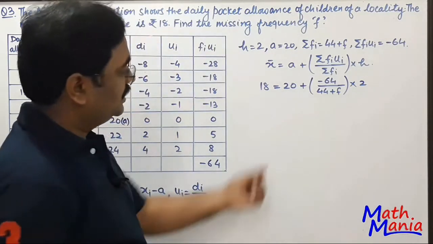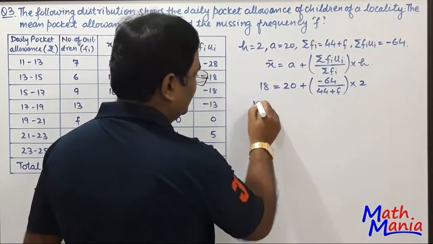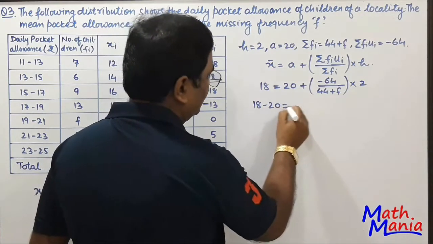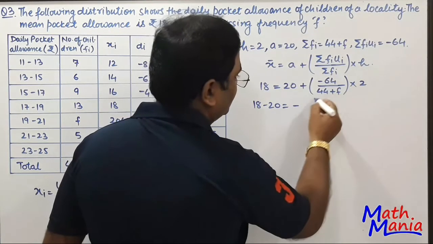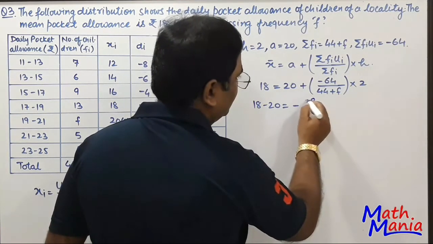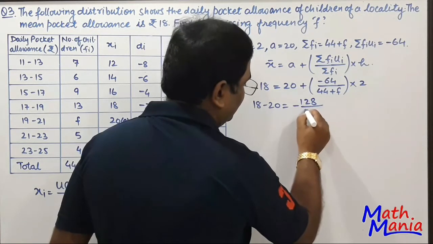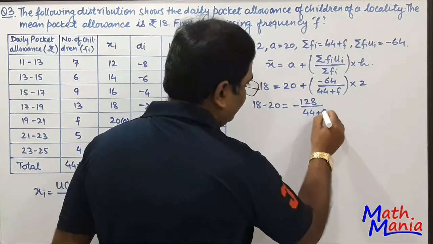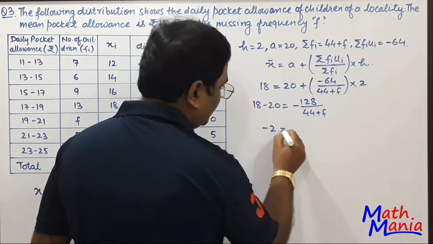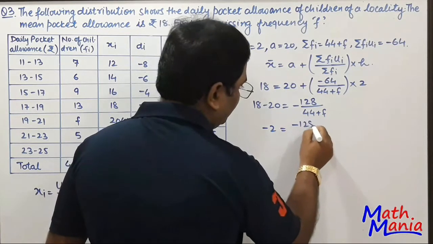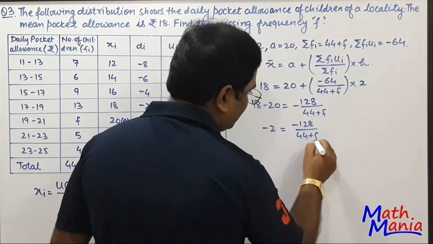Let's solve. This 20 you have to bring to the other side with the 18. So 18 minus 20 equals minus 128 divided by 44 plus f, since minus 64 times 2 is minus 128. So this is minus 2 equals minus 128 divided by 44 plus f.